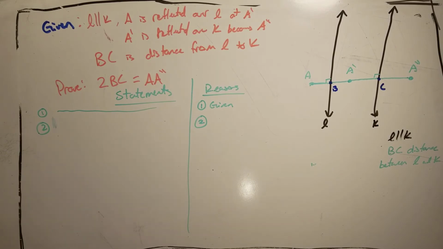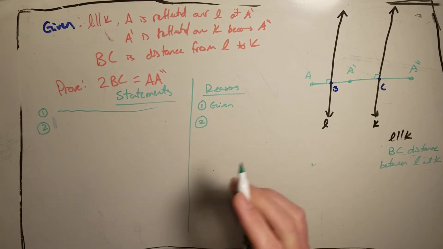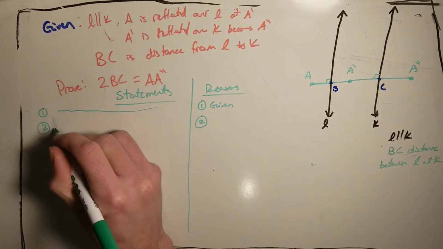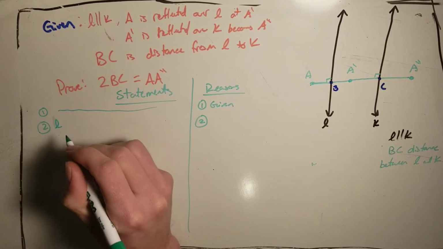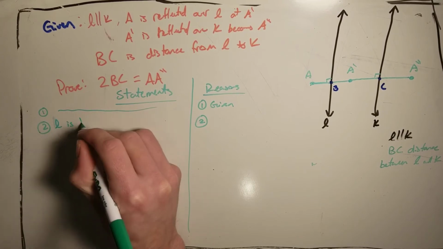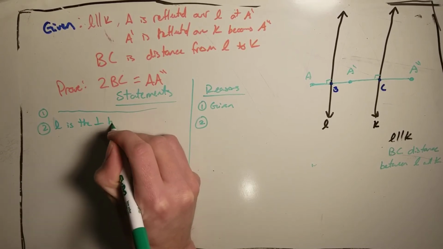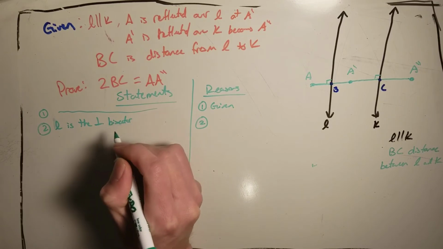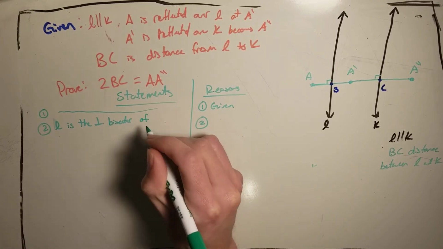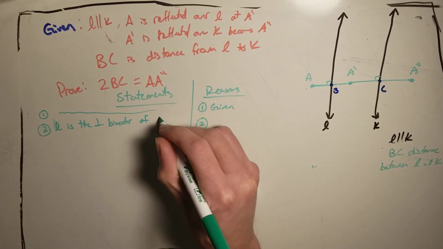Alright, so our statement 2. So based upon the definition of a reflection in a line, we know that line L is the perpendicular bisector of the segment from A to A prime.